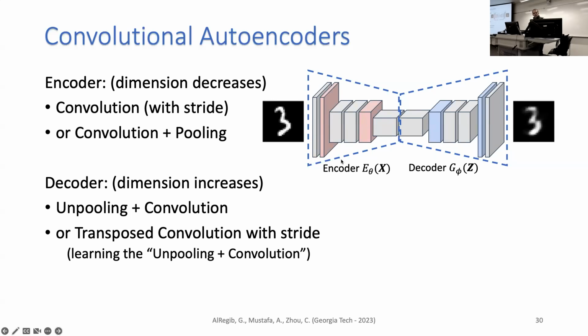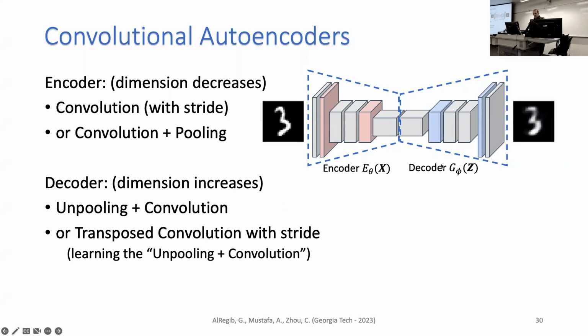The encoder is the same function as before, and the decoder is the same function. The only difference is that now I have a convolution. But remember, in the encoder we have a convolution followed by a pooling, right? Now in the decoder, what do we have? We need to reverse this operation, so we have to increase the dimensionality. So we have to do unpooling and convolution, which we refer to as transposed convolution.